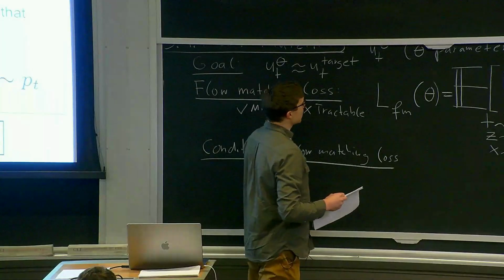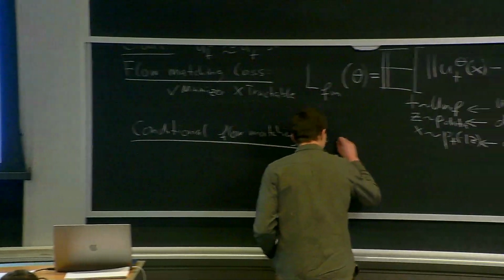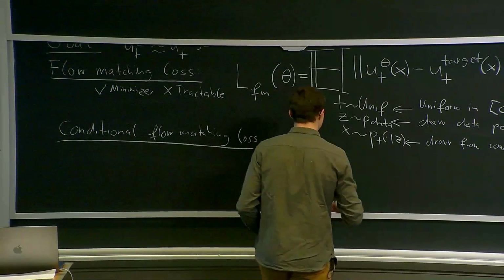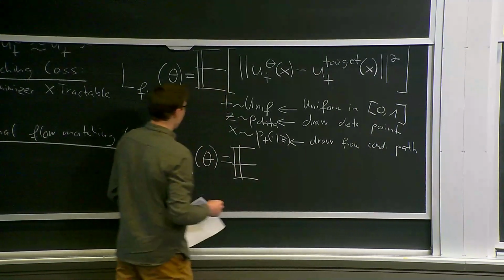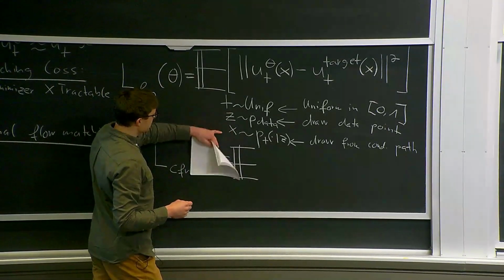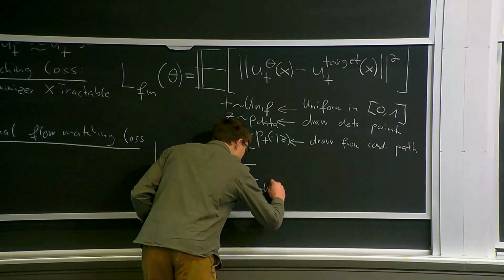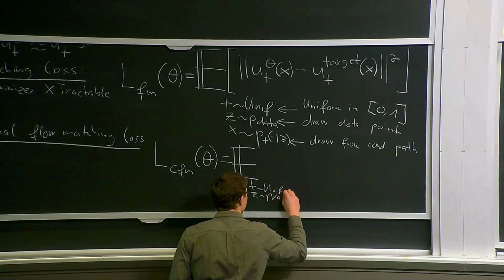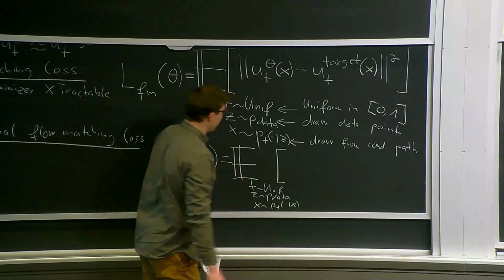It is a loss in theta, the parameters of the neural network, and we have an expected value. I'm going to write just t, z, x, meaning I'm sampling them in the same way as here. I can also write it out, but it's going to be the same as before. So we're choosing time points and z and x in the same way as before.